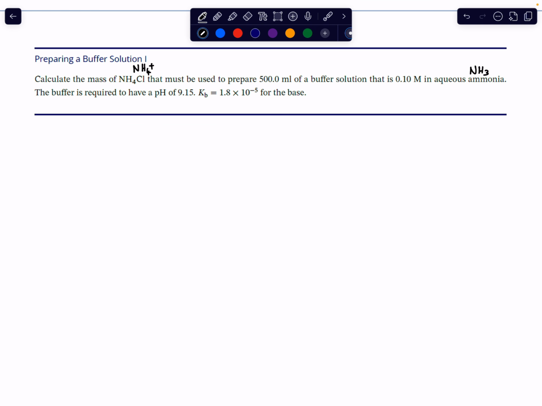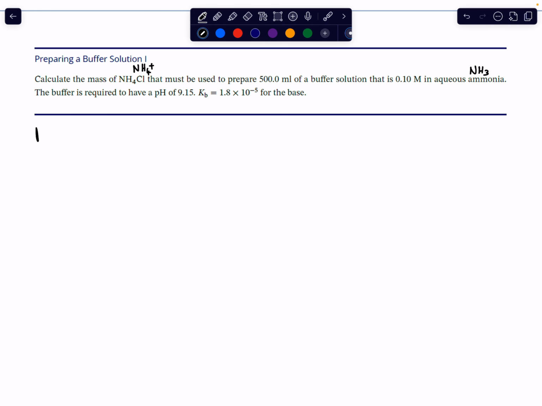We can relate the concentration using that given volume because we know what volume of buffer we want to prepare. So from that we can get the number of moles of the salt that we want, and then we can determine the mass of the salt that we want. Alright, so let's go ahead and look at that.